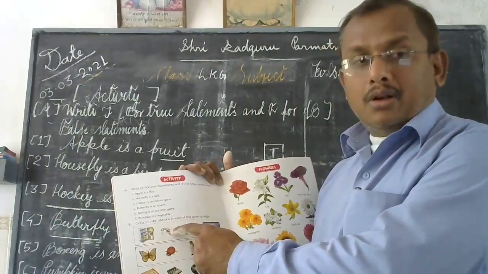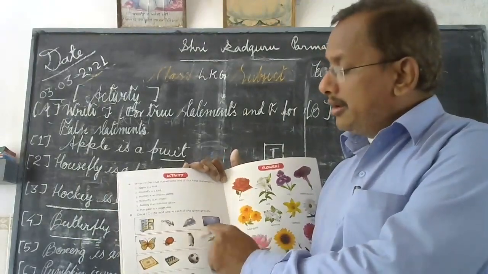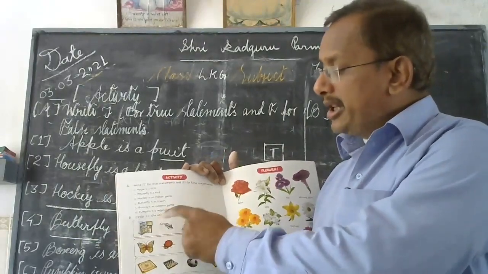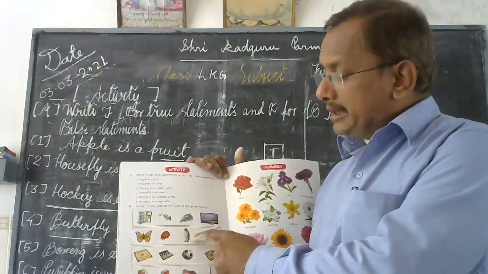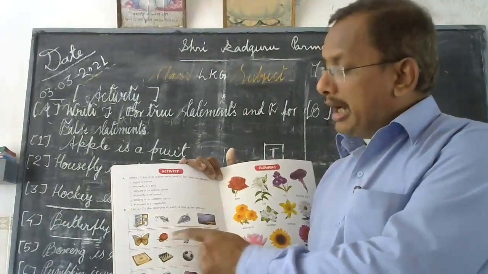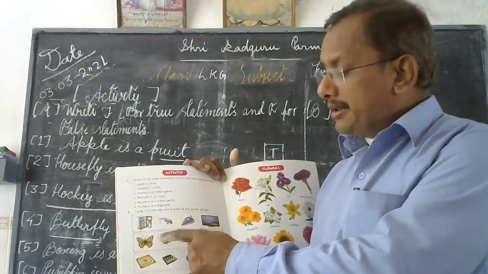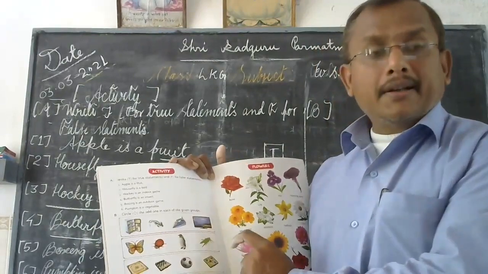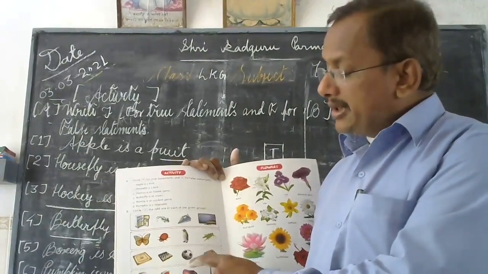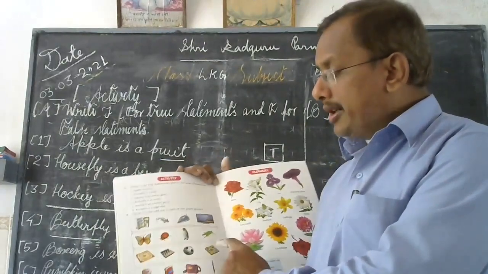Number 2 is not electric equipment. We will put a circle here. In the second, the third item is a word, and the first, 1, 2, and 4 are insects.